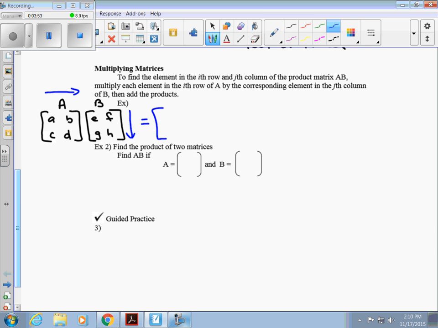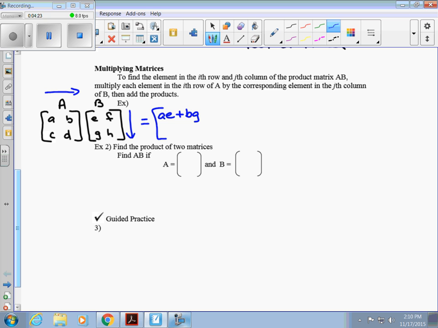So we're going to multiply row 1 with column 1. Row 1 in A is A, B, and column 1 in B is E and G. So we're going to take A times E, and then B times G. So again, we always go across the rows in the first one and down the columns in the second one. That is going to be our element for row 1, column 1.